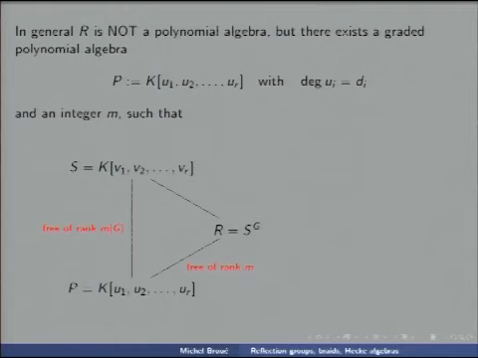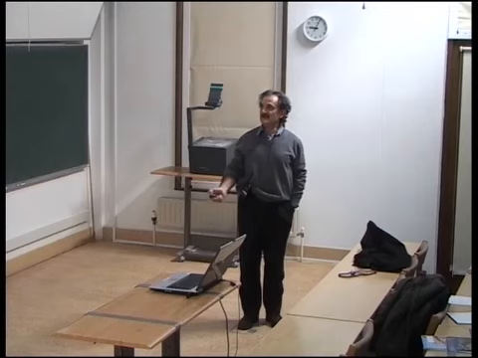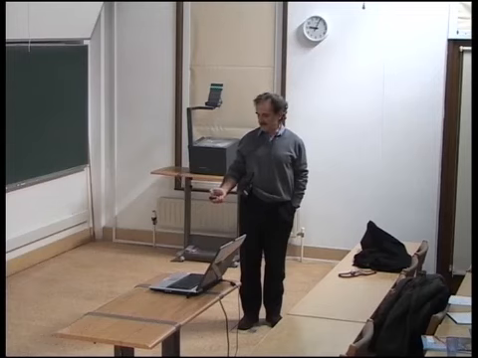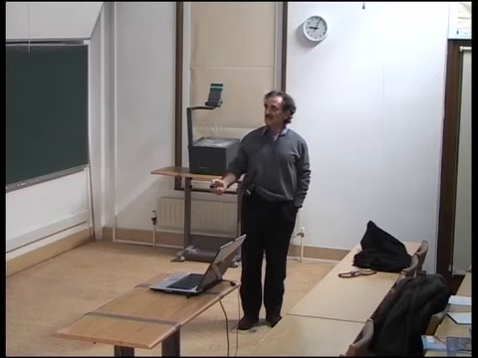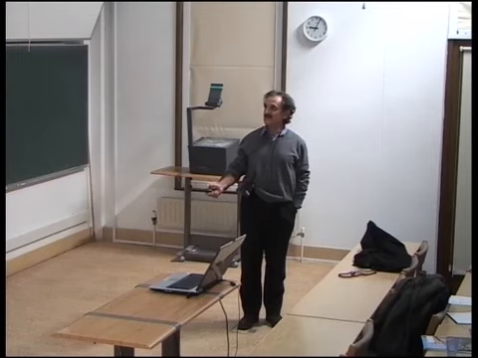So this is my original polynomial algebra on which the group acts. This is the set of invariants, and there is a sub-algebra of the set of invariants, which is a polynomial graded algebra, with the following condition: the first one is free of a certain rank. That one is also free of a certain rank. This rank is the cardinality of G times that rank, but in general, this quotient here is not free.